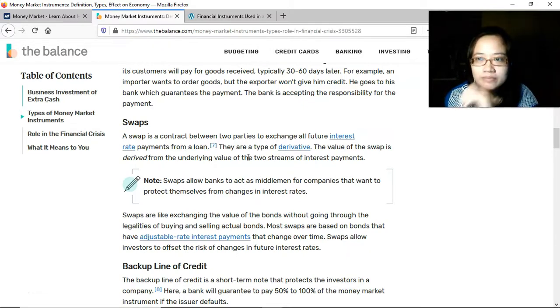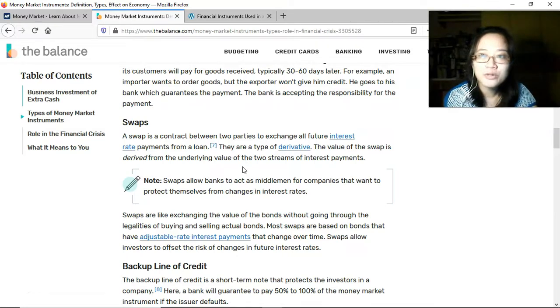Okay? If company A is going to borrow money from a financial institution, tapos they would agree on a future interest payment on the loan, edi swap na siya ngayon. Okay? But that would be between company A and the financial institution na mag-agree on the swap.